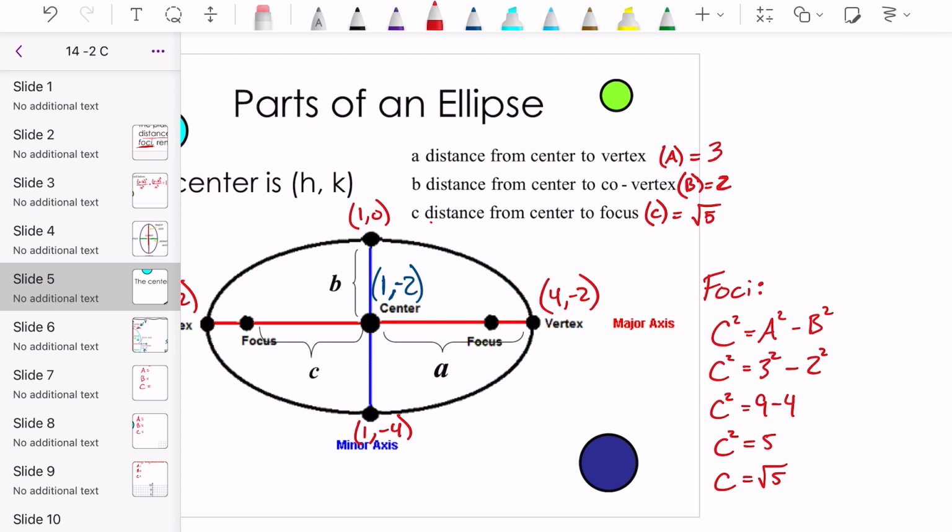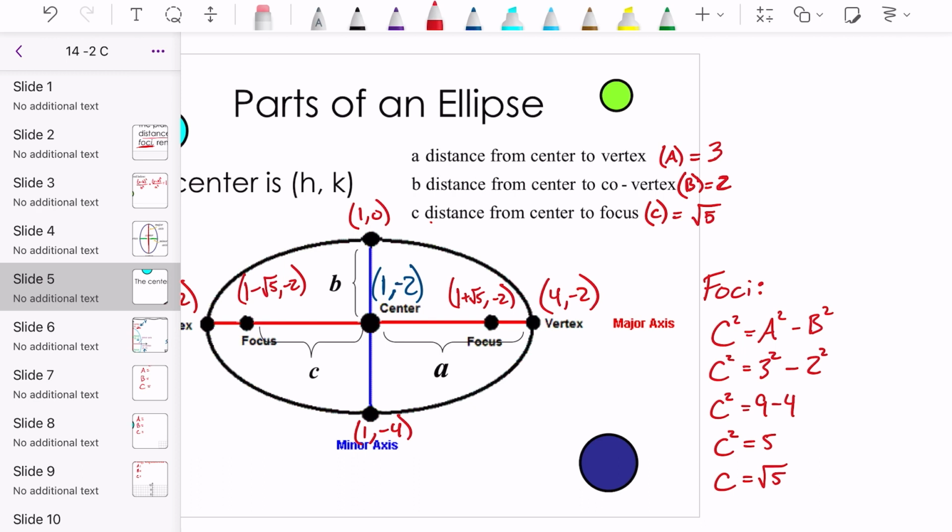So our point here would be 1 plus the square root of 5, and it would be at -2, while the focus on the left-hand side would be 1 minus the square root of 5, -2.